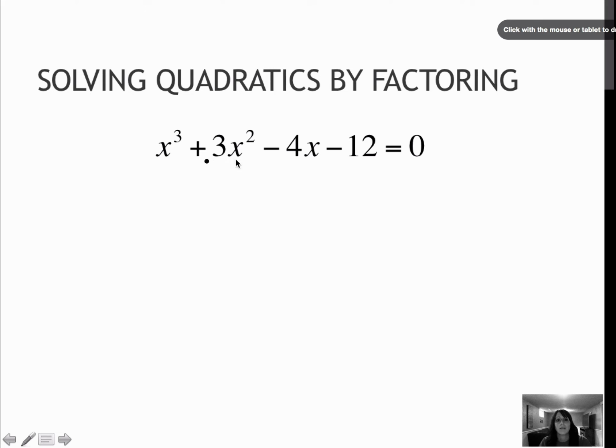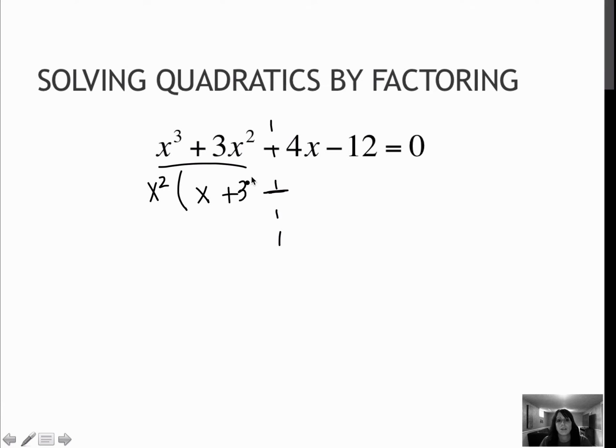This is a 4-term, so factoring by grouping question. So I'm going to split it right here. Keep in mind there's a minus. The GCF of my first 2 terms is x squared, which leaves me with x plus 3. The GCF of my second 2 terms is minus 4, which leaves me with x plus 3.